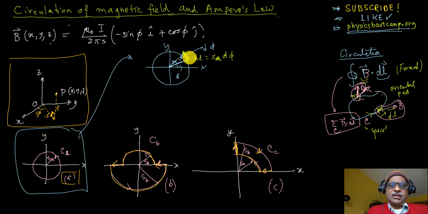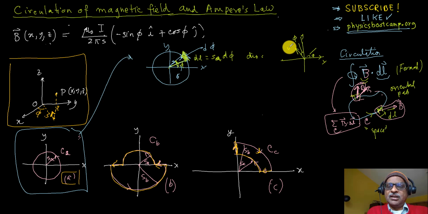This is on the arc, the angle is d phi and the radius is s_A. That's dl. And what's the direction? The direction is this direction, and this angle is phi.